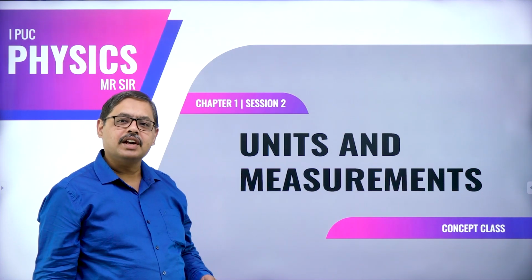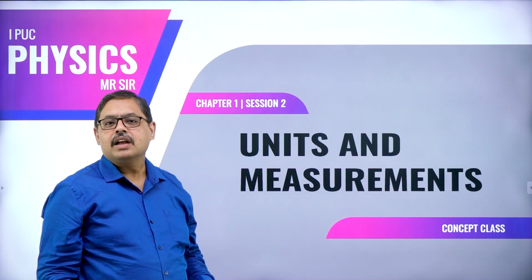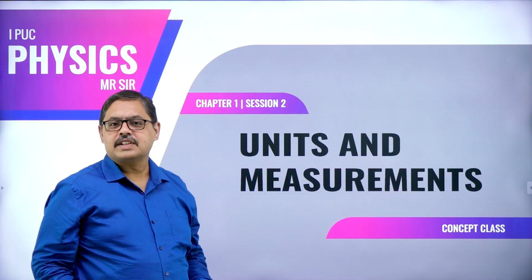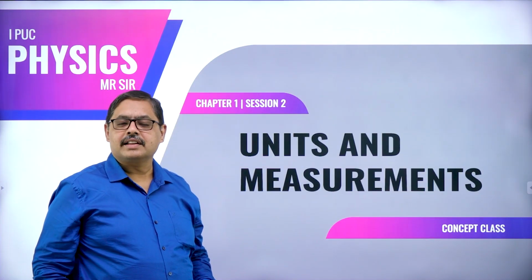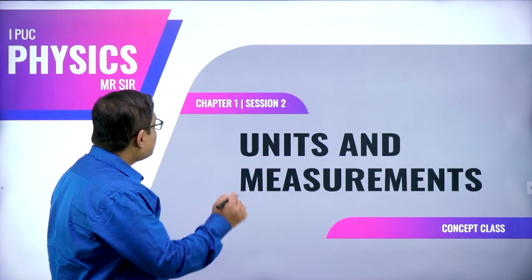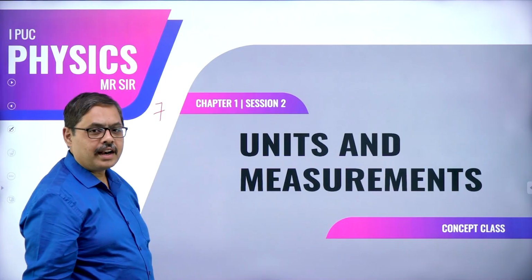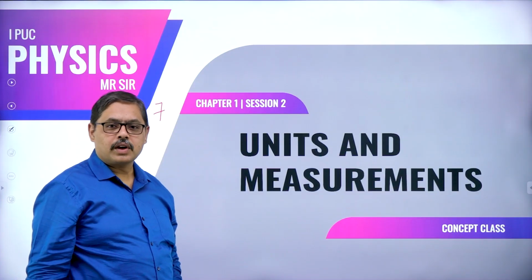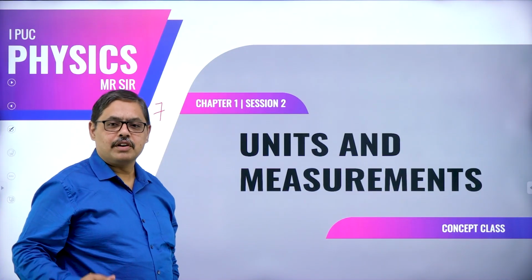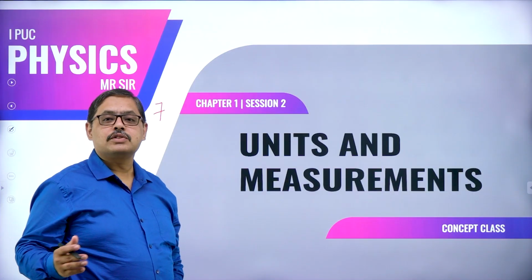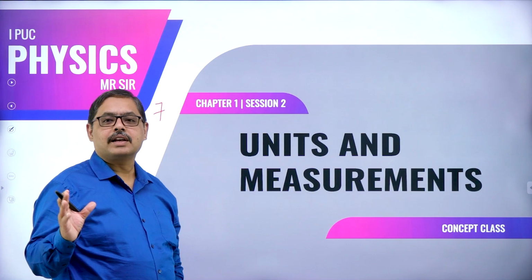Then we studied about units, the three system of units, and we understood that the SI system is presently used worldwide. Under the SI system, we have 7 fundamental units. As you can remember, we had 7 fundamental units. And then we understood that for the derived quantities, we have derived units.